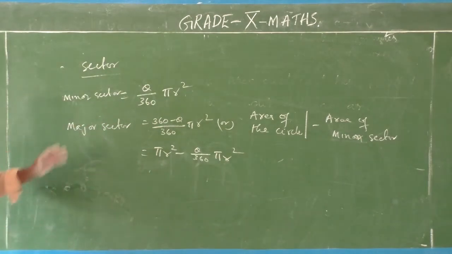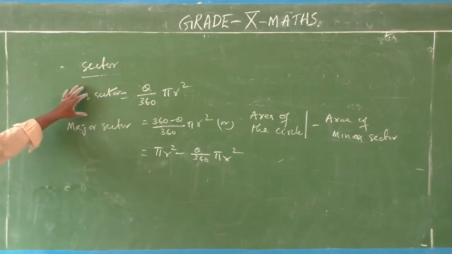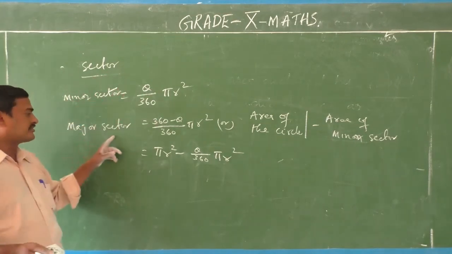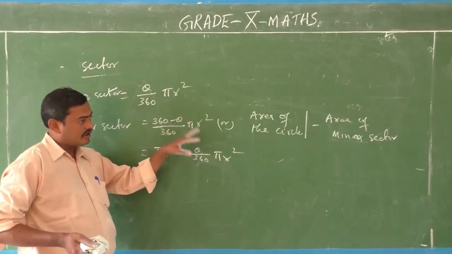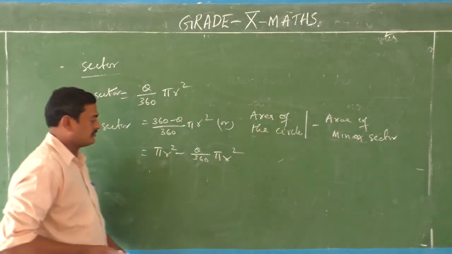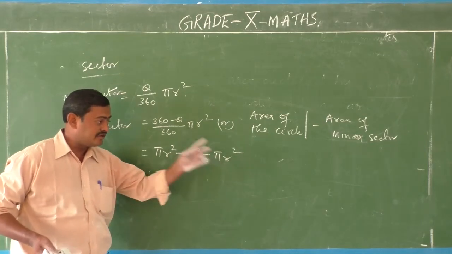So area of minor sector equals theta by 360 pi r square. Area of major sector equals 360 minus theta by 360 pi r square, or area of the circle minus area of the minor sector.